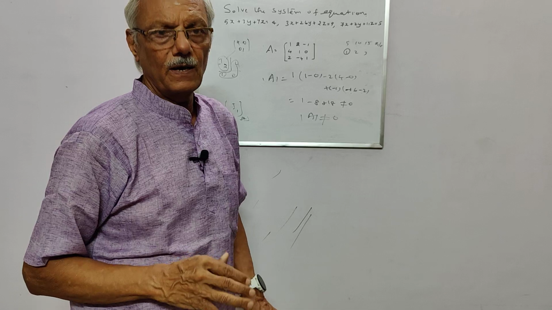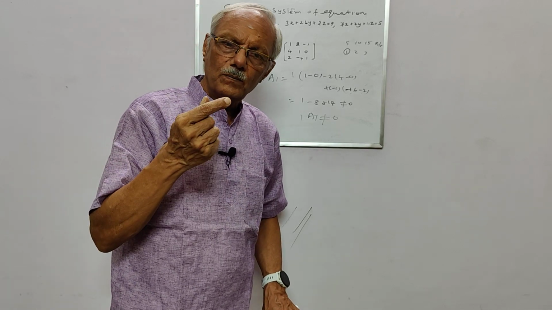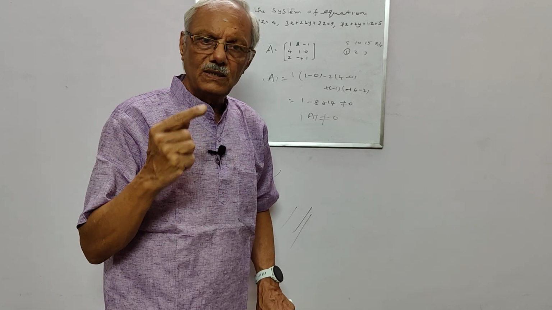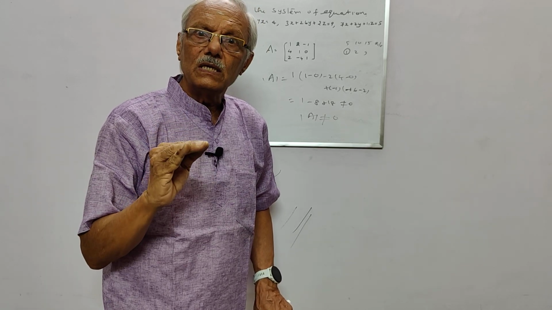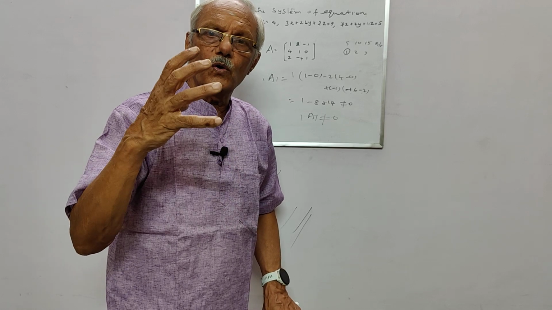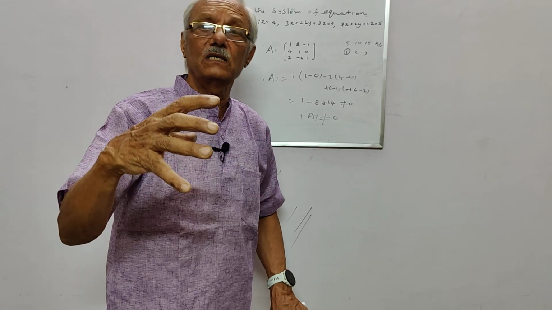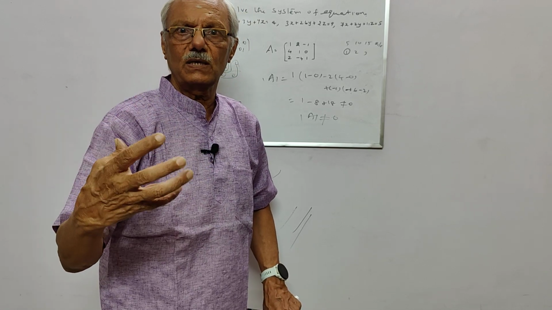So this decides. Now I told you at the beginning of doing the problem that the rank of a matrix plays an important role in deciding the consistency of the equations. Can you understand?